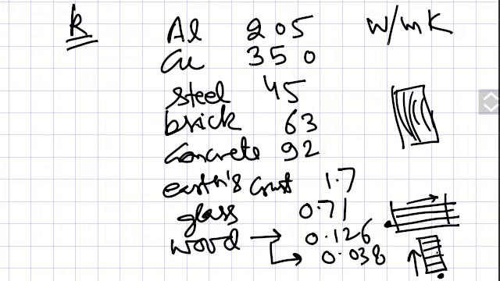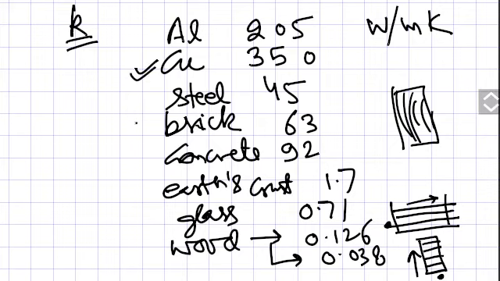So with the help of this data you can say that copper is the most conductive, then aluminium, then come all these others. So you must have this kind of idea.